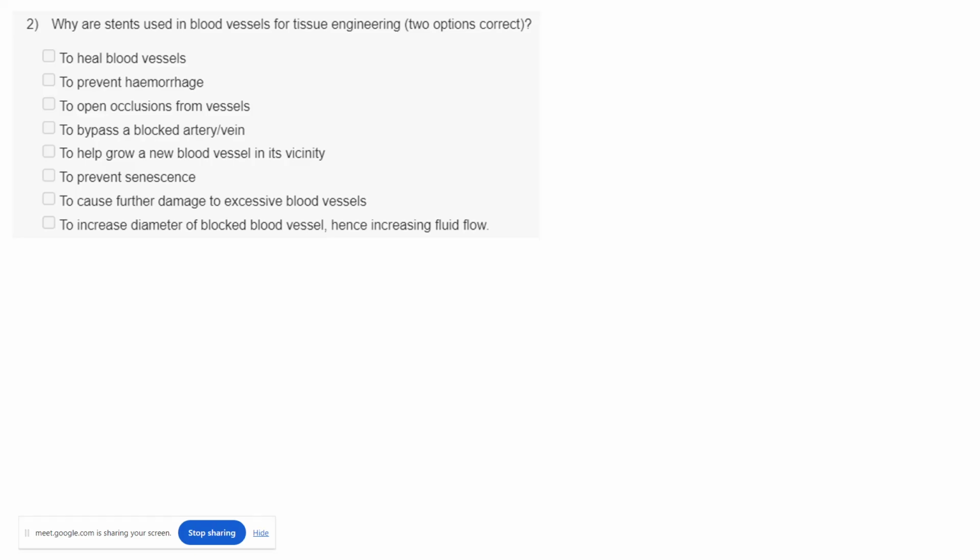It's option three and the last one. Option 3, to open occlusions from vessels. Okay. And last one. Okay.